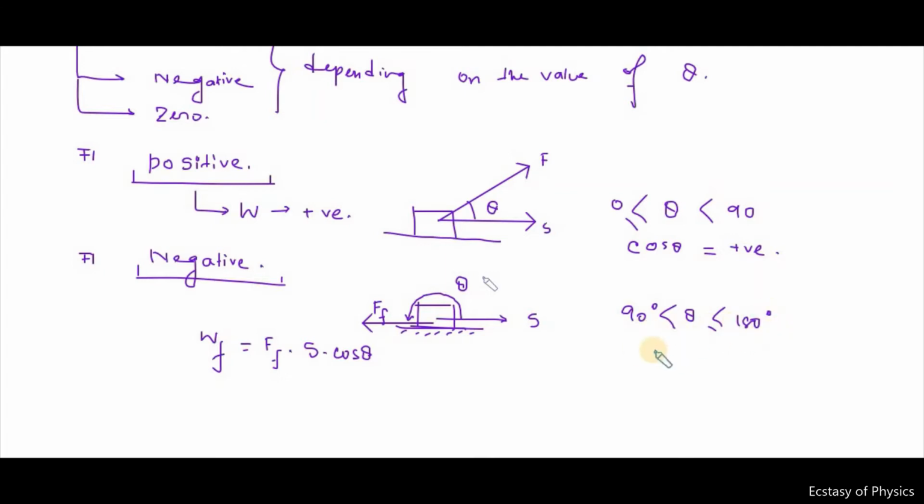So in that case, cosine 180 degree or cosine theta would be negative, because cosine theta in the second quadrant is negative. So from there we'll say that here the work done would be negative.